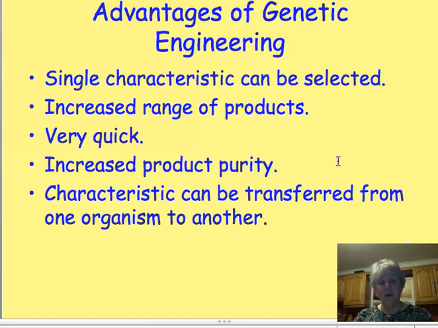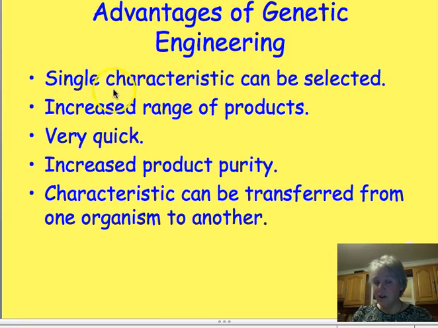And so therefore, when that is being sold as an insulin product for people who are diabetic, it means that it's human insulin that's being used, and so you're less likely to have an allergic reaction.